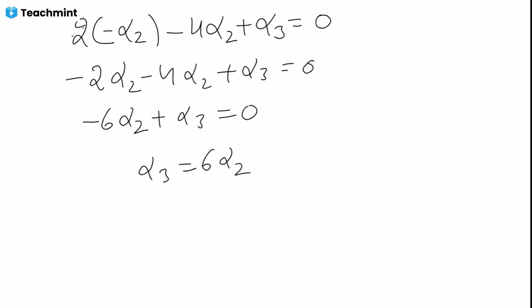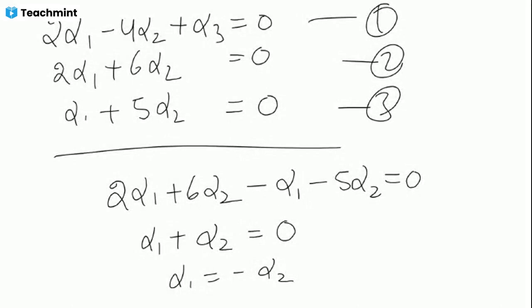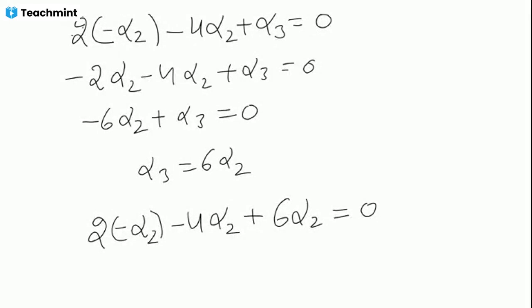Okay. So we can now put this in any equation. In the first equation, instead of alpha 1 we are putting minus alpha 2 minus 4 alpha 2, and instead of alpha 3 we put 6 times alpha 2, which equals 0.